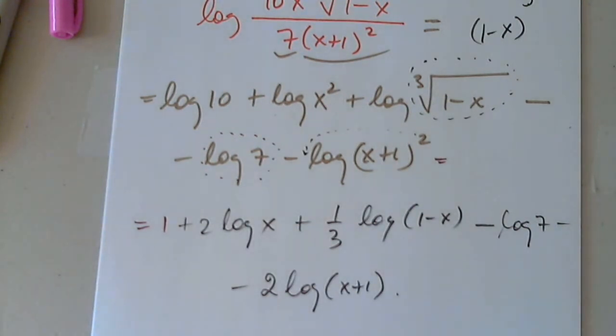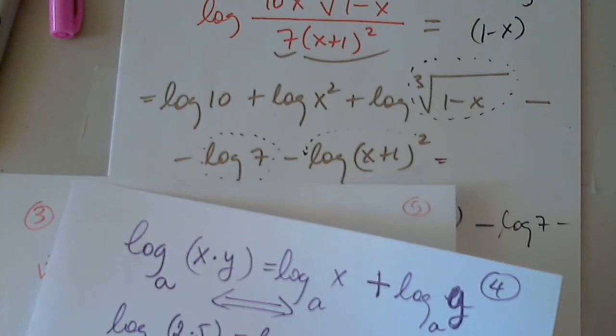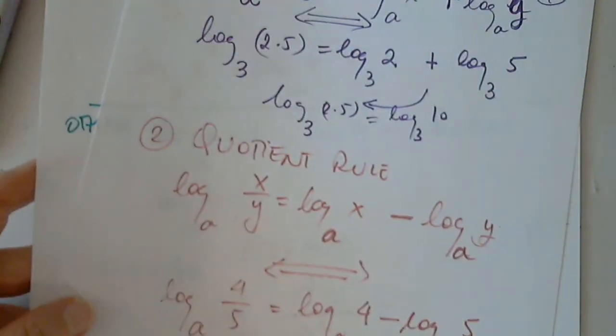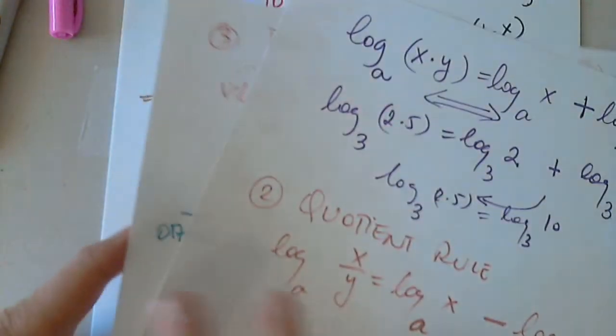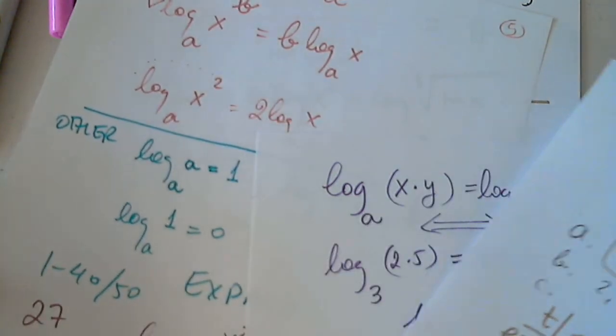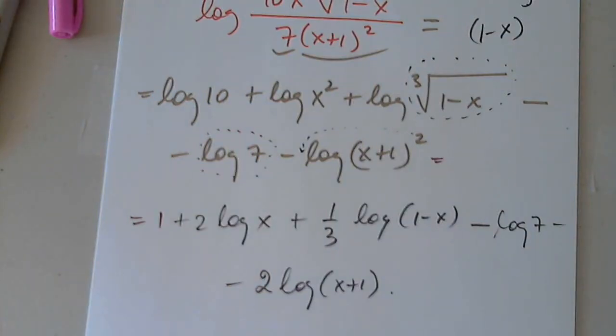I want to draw your attention because it's very easy to forget. I'm going back to the properties. Please pay attention. Product, quotient, power. We never said anything about a property on a difference or a sum. So do not attempt.